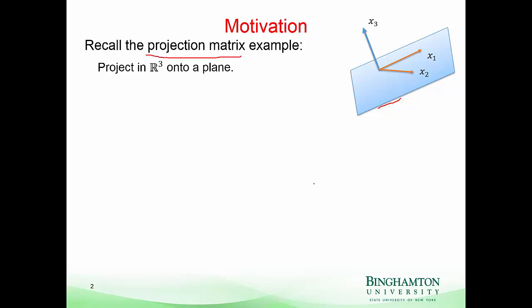So we've got this nice blue plane over here, blue rectangle, evoking the idea of a plane going on to infinity in all directions. And we already talked about eigenvalues and eigenvectors for this. We know that a projection matrix can only have either 0 or 1 as values for the eigenvalues.